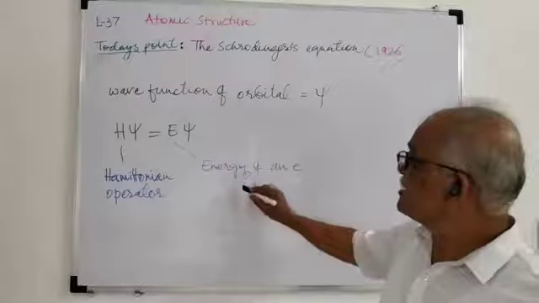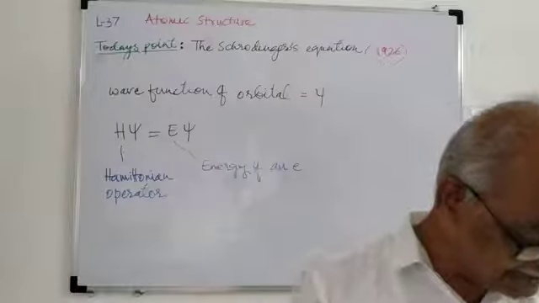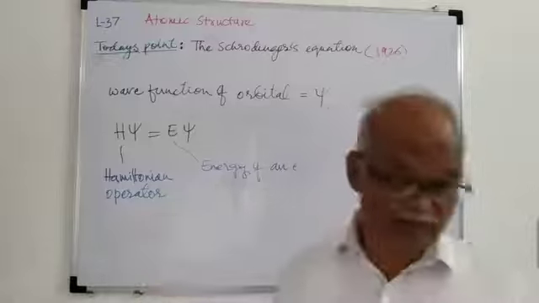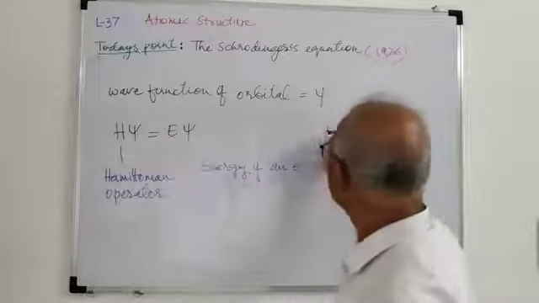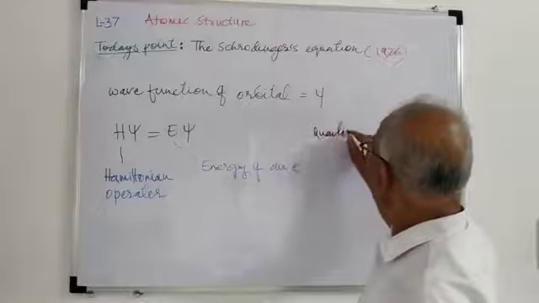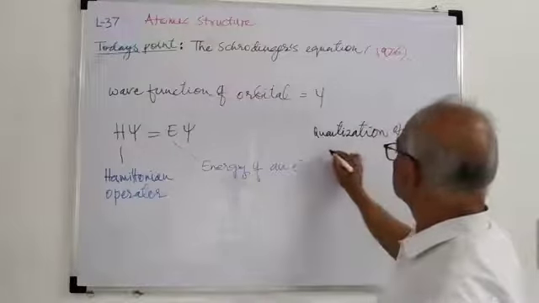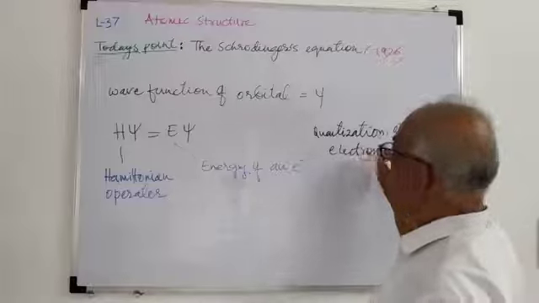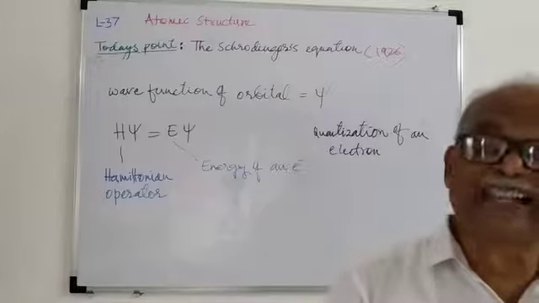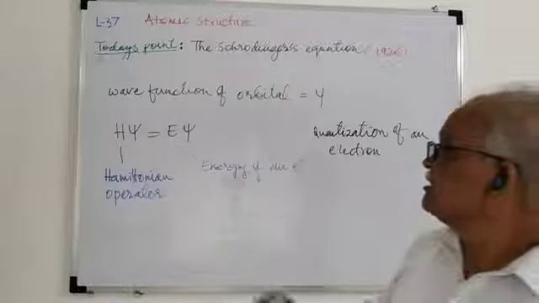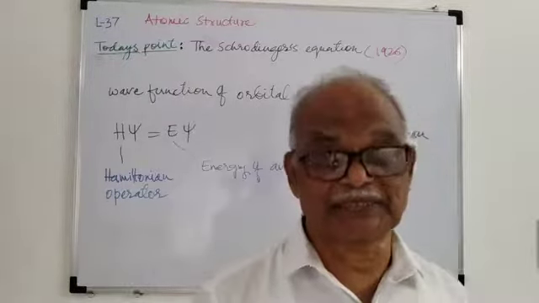So the psi value and energy value of that particular electron, that is that particular orbital, is called the quantization of that orbital. So by describing the value of psi and the value of E, we are quantizing the electronic orbitals.